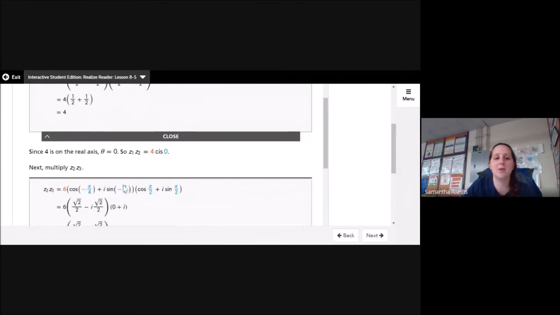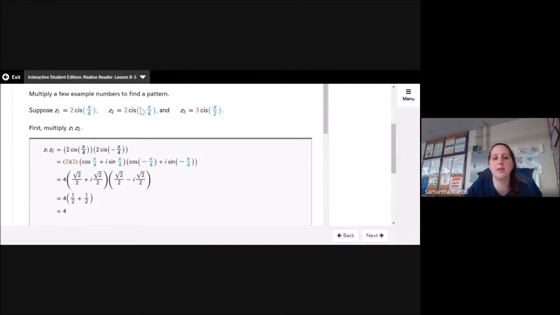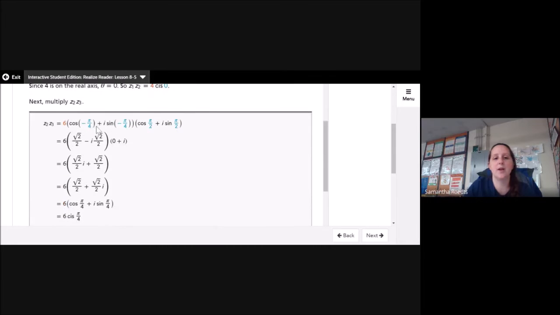Next, multiply z sub 2 times z sub 3. So remember, 2 cis negative pi over 4 times 3 cis pi over 2. That gives me 6 times cosine negative pi over 4 plus i sine negative pi over 4, times cosine pi over 2 plus i sine pi over 2. So that gives me 6 times square root of 2 over 2 minus i square root of 2 over 2, times 0 plus i.